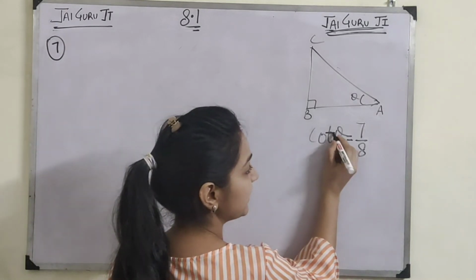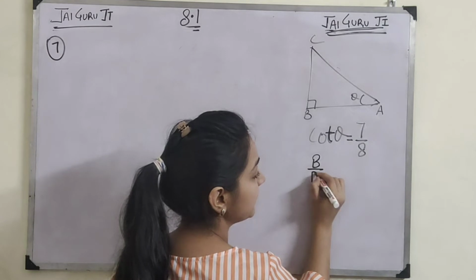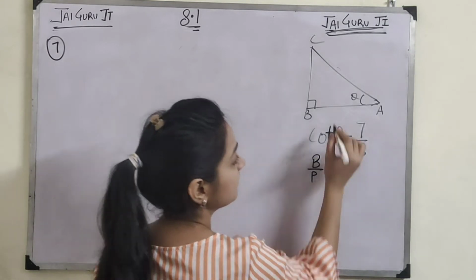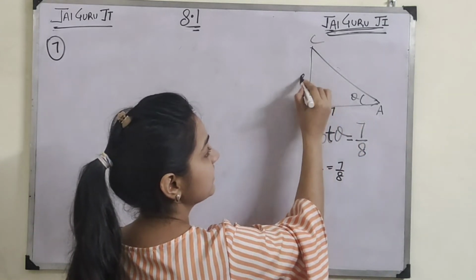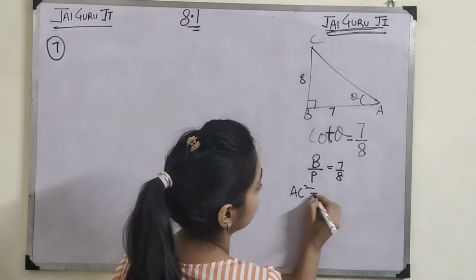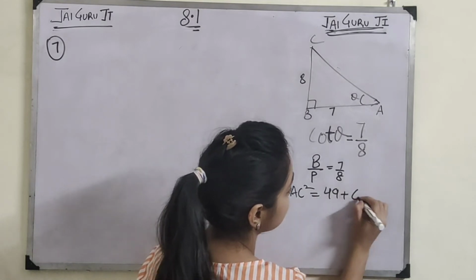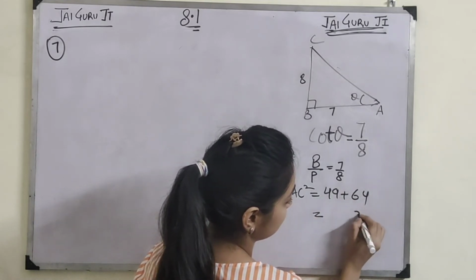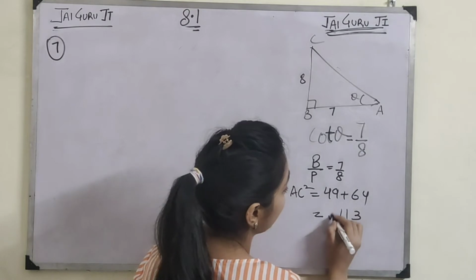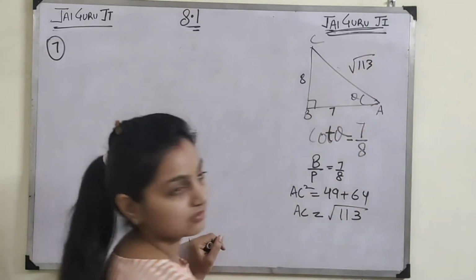Cot theta 7 by 8 means what? Cot is B upon P. B is this and P is this. Theta is this. So we will quickly find H. 7, I'm finding directly 49 plus 64, 113 root. So this is your 113 root.